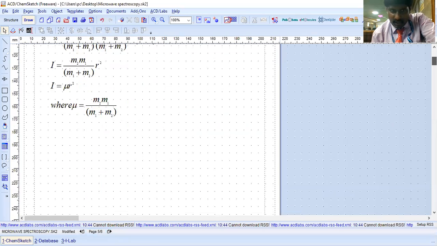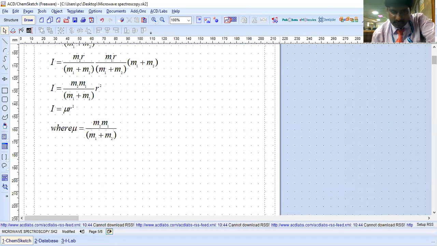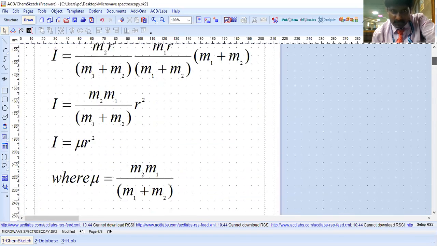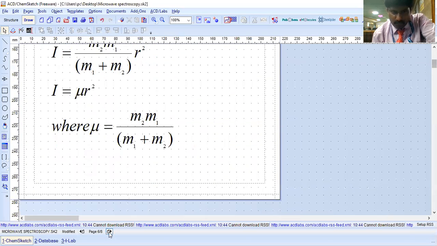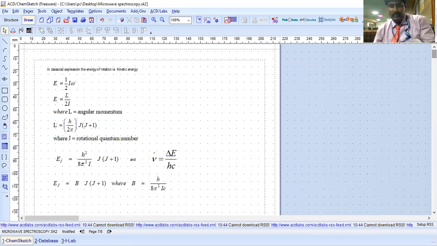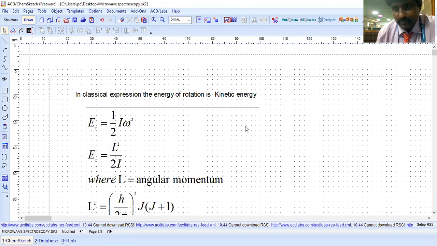This is mu, the same mu. Now as we have discussed, this is a kinetic energy. In classical expression, the energy of rotation is kinetic energy. Vibration is potential energy.